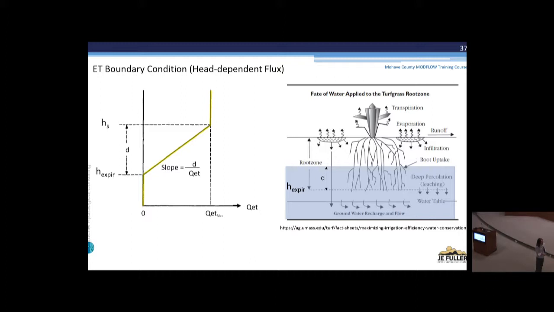I should have put another slide showing water all the way at the surface, and then D would be up here. But anyway, it's just to show you that this plant's life depends on this groundwater elevation. And as soon as it gets too deep, the groundwater will be inaccessible to the plant.